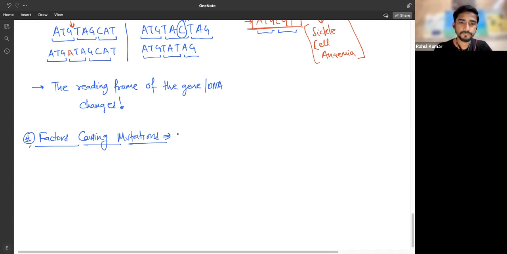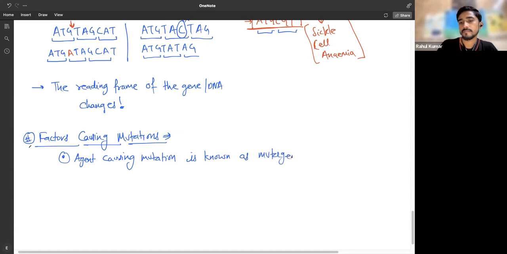So write down, the agent causing mutation is known as a mutagen. Now, a mutagen can be a physical factor. For example, what are the examples of physical mutagens? Any idea?